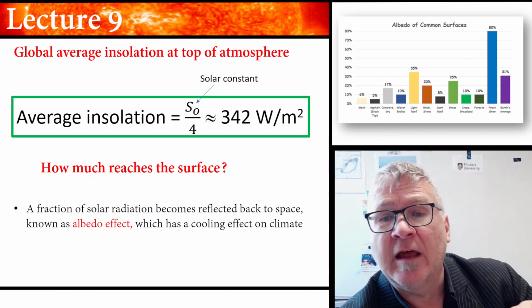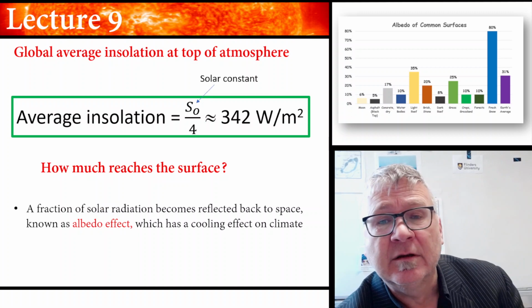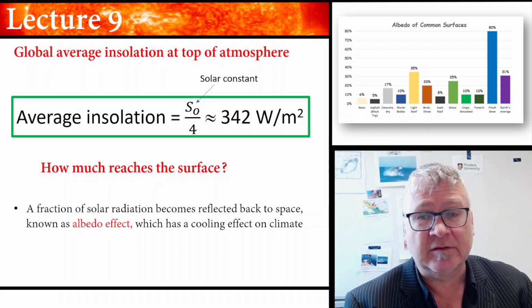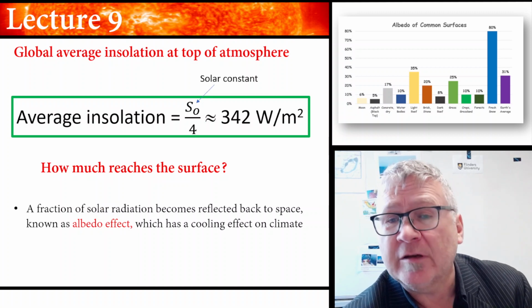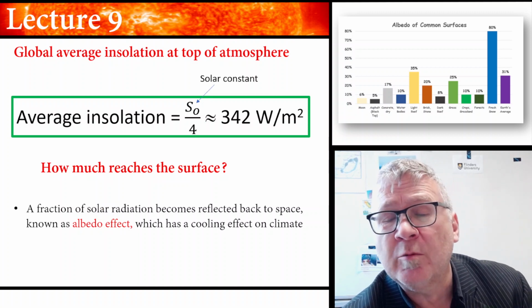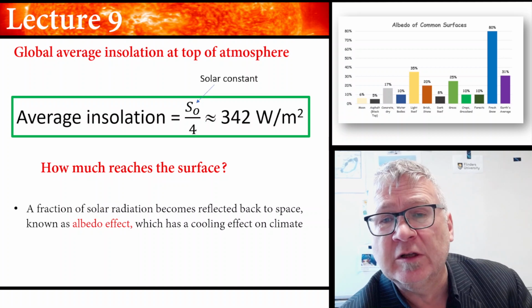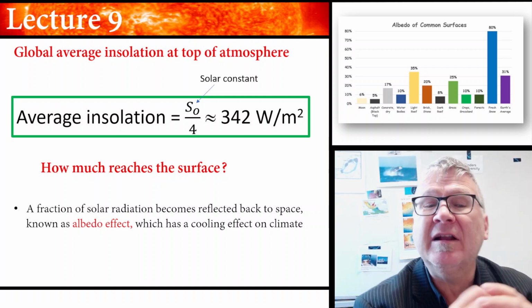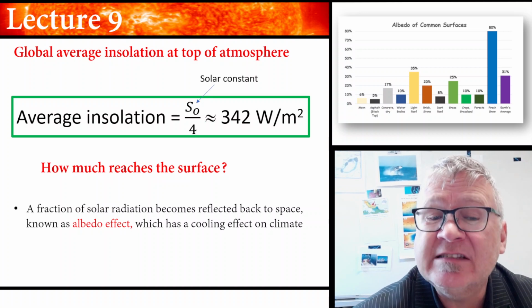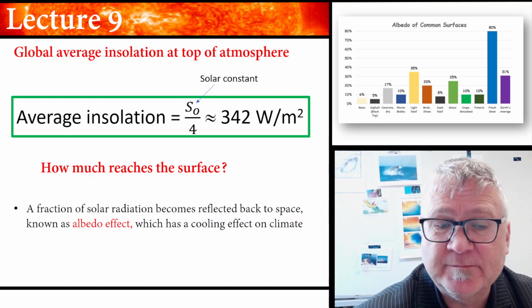However, we now have this albedo effect. Different parts of the Earth's surface have different optical properties. We have water, we have ice, we have wet soil, we have grassland and all that stuff. How much of the insolation reaches the surface?